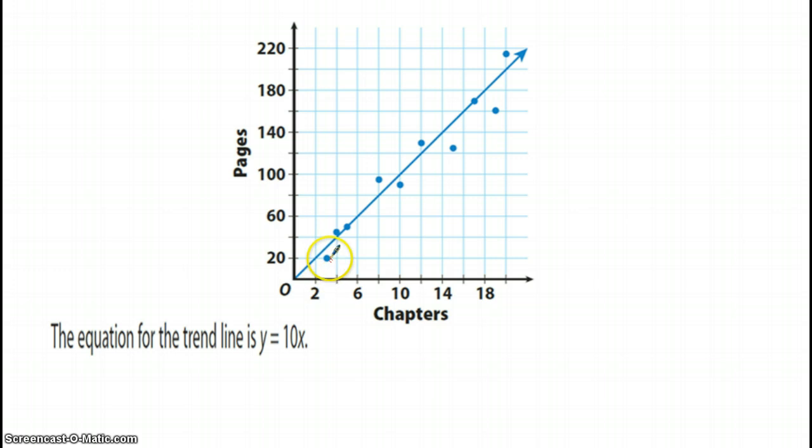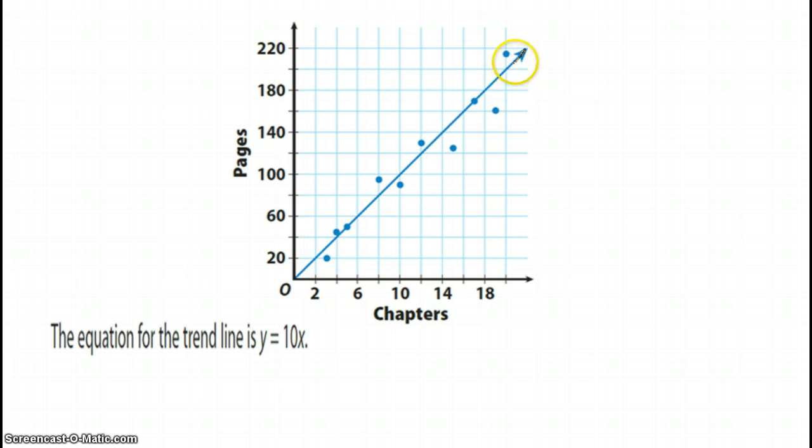If you notice, the data starts here, and as far as chapters, it goes to 19 chapters, and as far as pages, it goes from 0 pages to 220 pages. So we know this data.